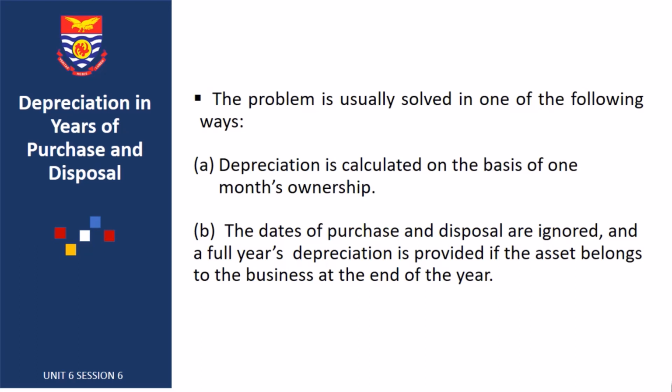The problem is usually solved in one of the following ways. One, depreciation is calculated on the basis of one month's ownership, and two, the dates of purchase and disposal are ignored, and a full year's depreciation is provided if the asset belongs to the business at the end of the year.